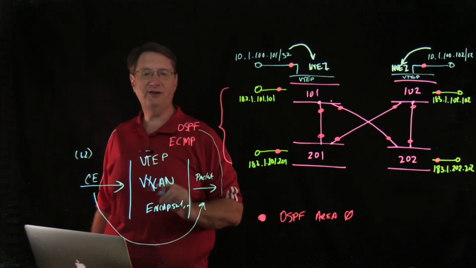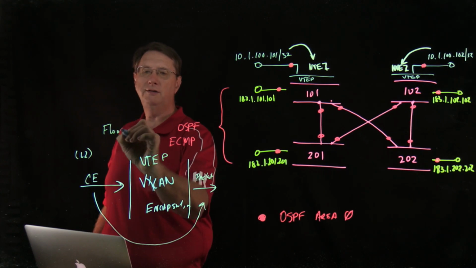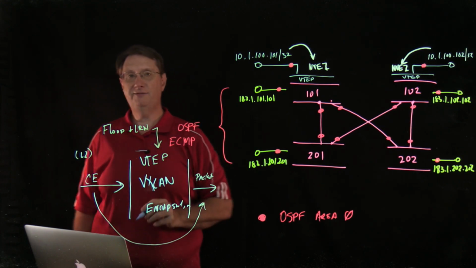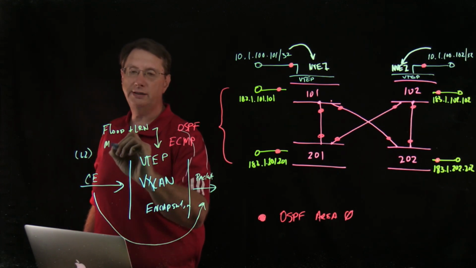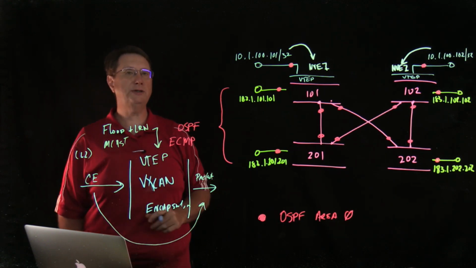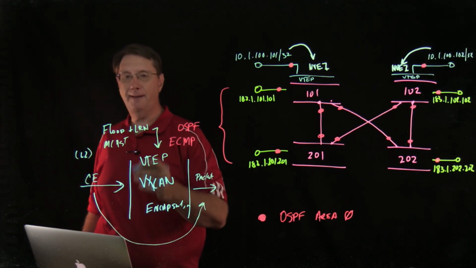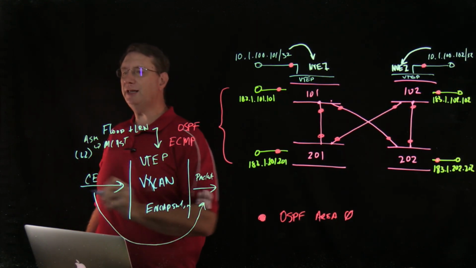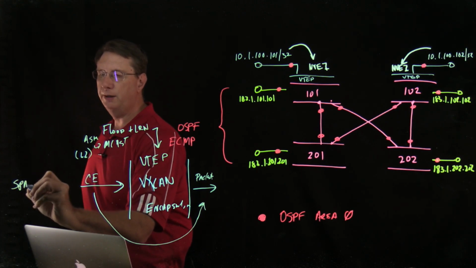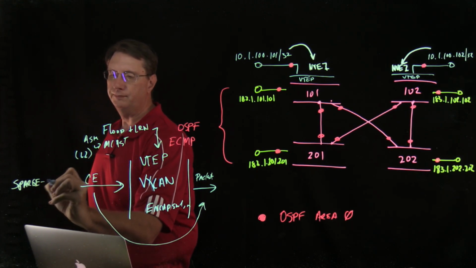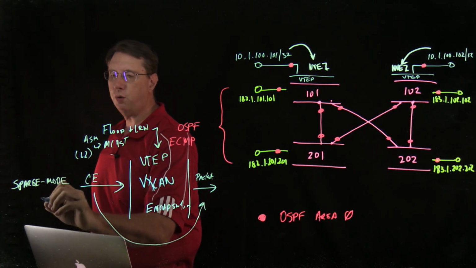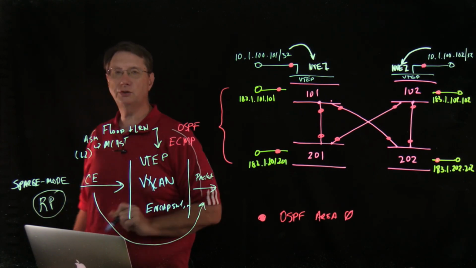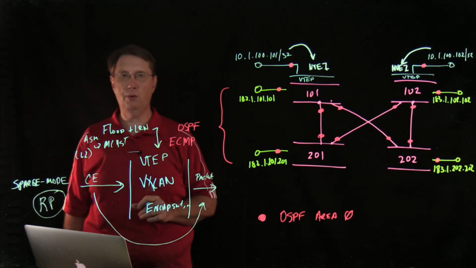Now, I said specifically at the beginning we were going to focus on flood and learn behavior for VXLAN configuration. Flood and learn implies we're going to need multicast. We are going to use any-source multicast, ASM, and specifically we are going to use sparse mode. Sparse mode requires the identity of a rendezvous point, and I said we're going to create an anycast rendezvous point configuration.